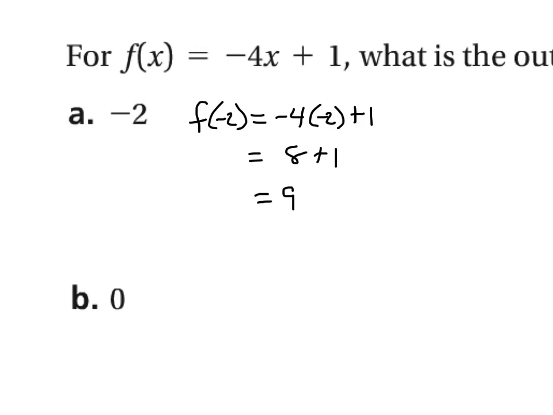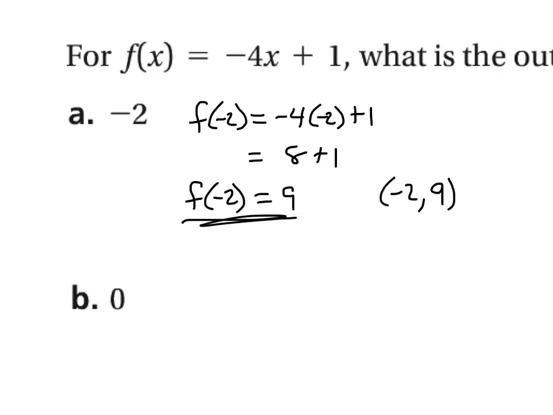The whole idea here is that I'm able now to say exactly what I inputted into the function. Because I know it's not just f of x, it's not y, it's f of -2. I know that my x coordinate is -2, and now I found out that my y coordinate is 9. Okay? I know that when I write it in function notation, because I can see both input and output.